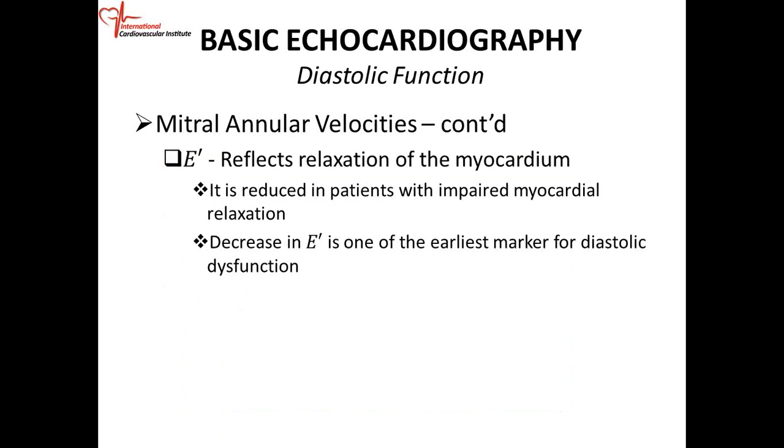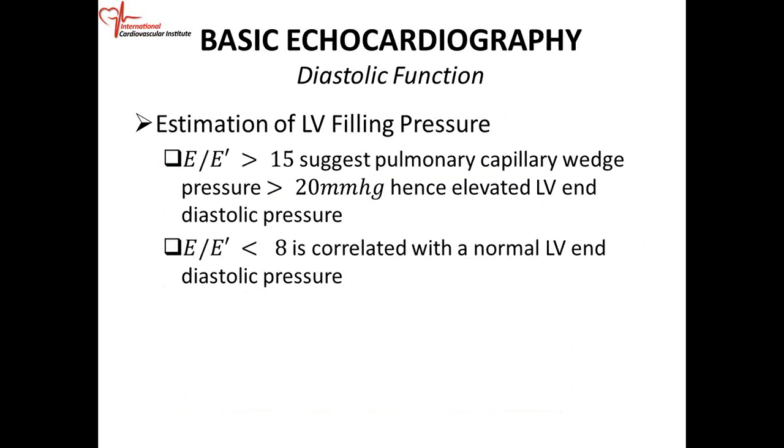And if the patient has a problem with compliance, it's also going to affect E prime. So a decrease in E prime is one of the earliest markers of diastolic dysfunction. So if the patient has diastolic dysfunction, it's going to affect E prime. So the patient cannot present with diastolic dysfunction and a normal E prime. It doesn't exist.